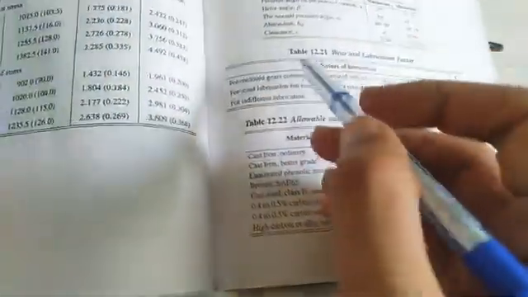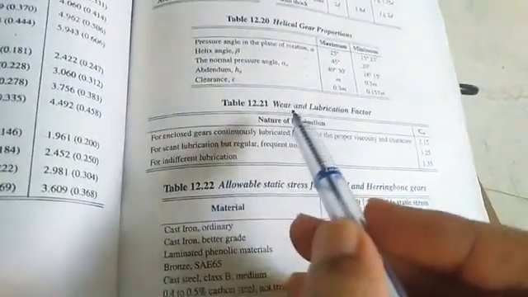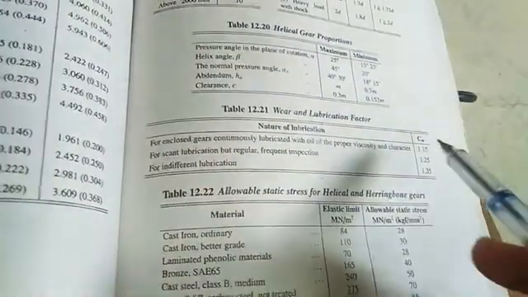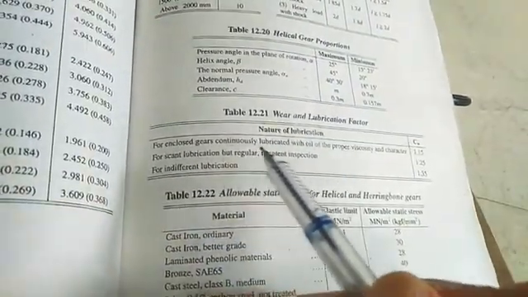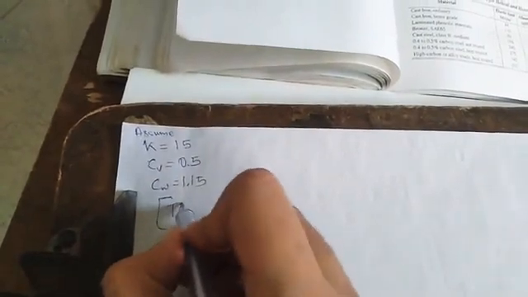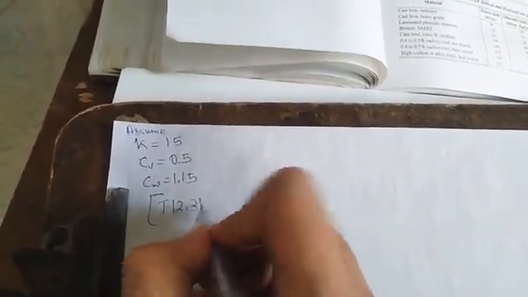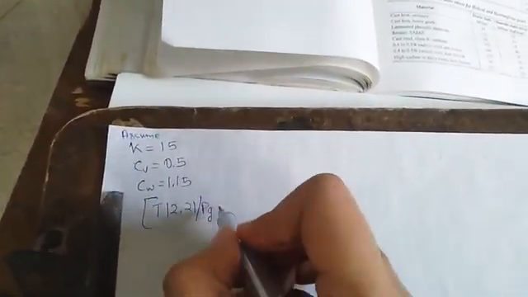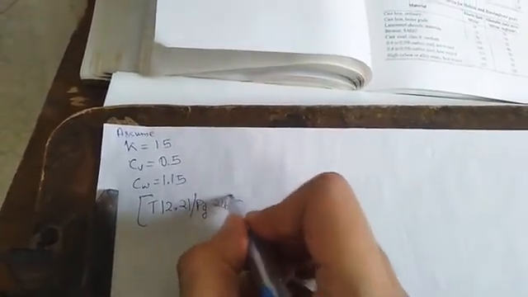This is from table 12.21, wear and lubrication factor CW for enclosed gears continuously lubricated with oil, page number 241.